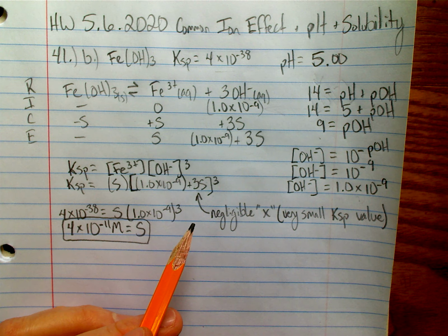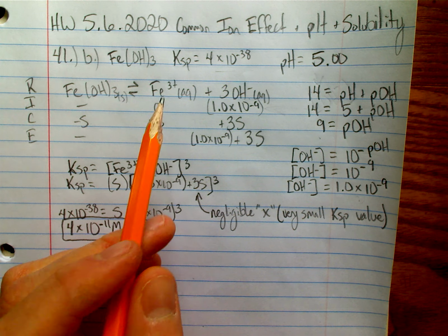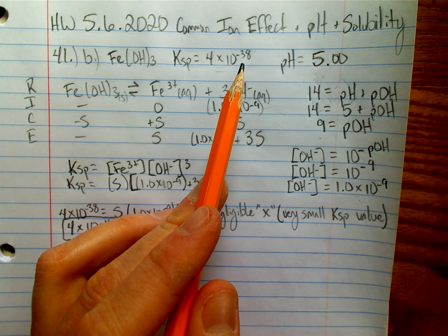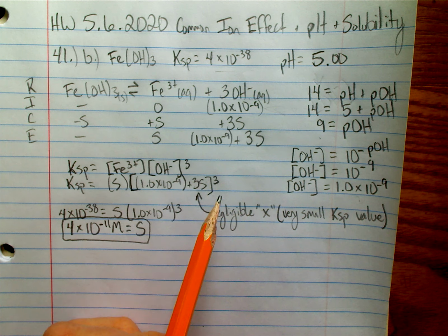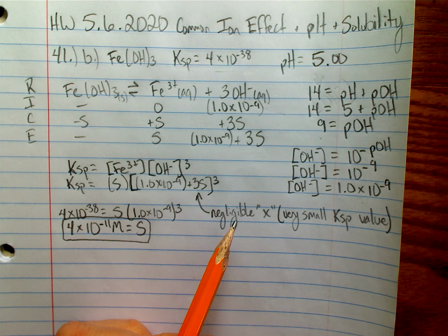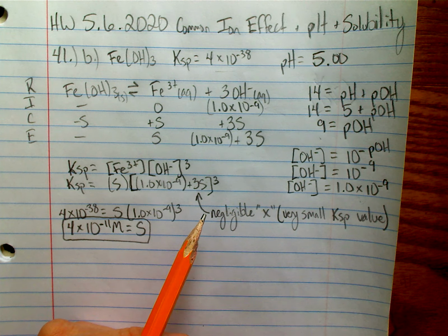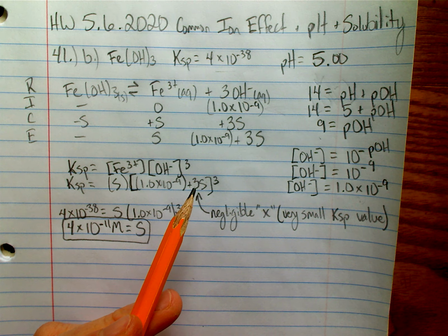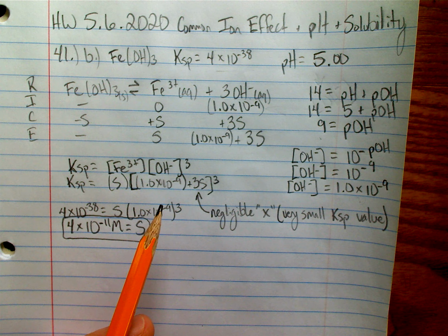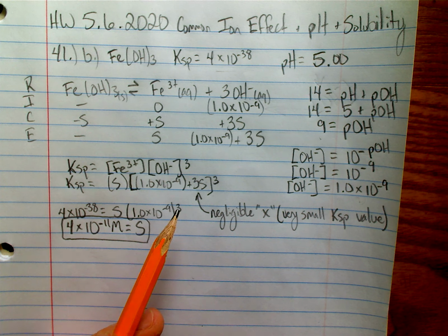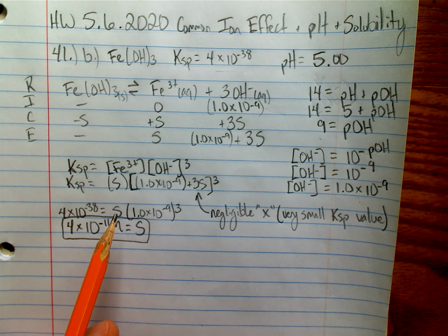So these go in, and again, our Ksp value for iron hydroxide is super, super small. That 10 to the negative 38 is very, very small. So this falls under a negligible X type of equilibrium problem, so we can drop this 3S here. It's so small it doesn't matter enough in the calculation that we can get rid of it. And so we just have this amount cubed.